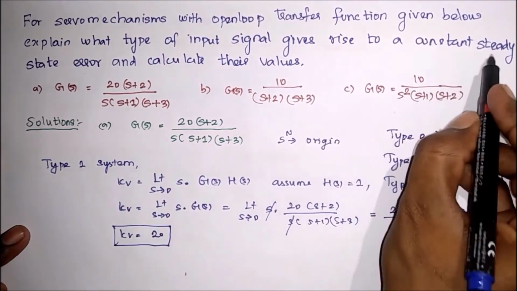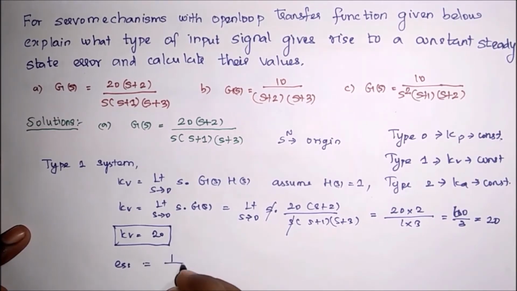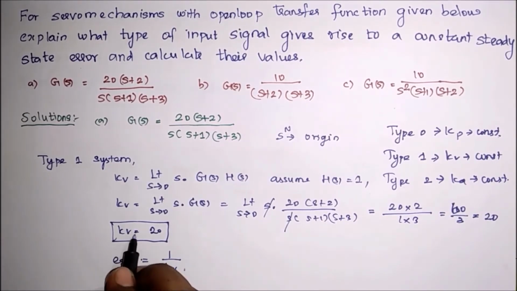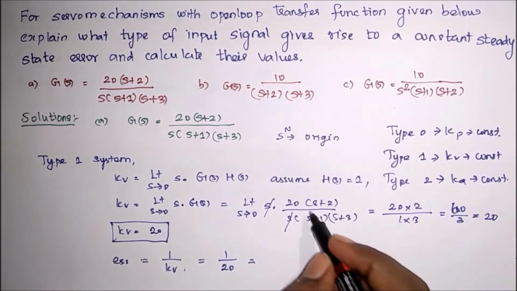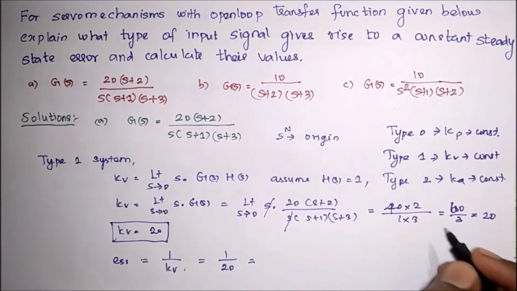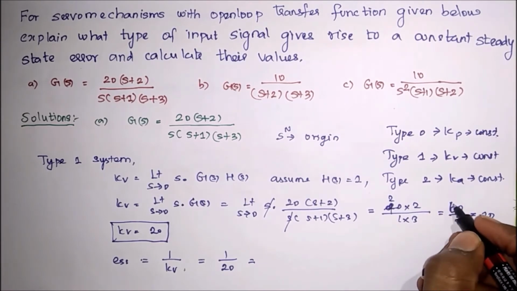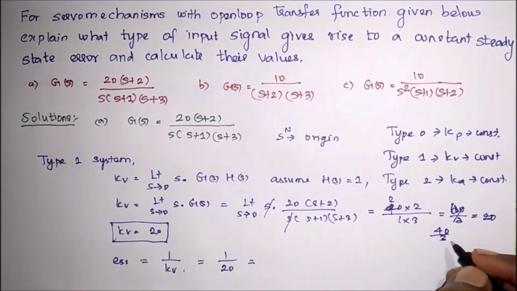After that we have to calculate the steady state error also. We know the steady state error formula equals 1 divided by Kv. This is the formula to calculate the steady state error from the velocity error constant. By substituting, Kv is 20 into 2, which is 40, so the final answer is 40 divided by 3.